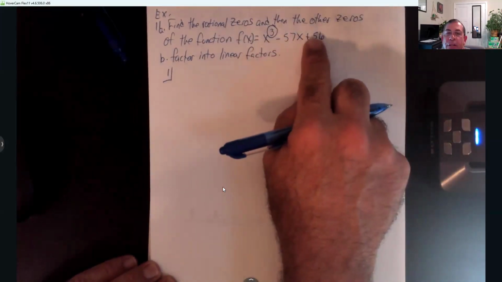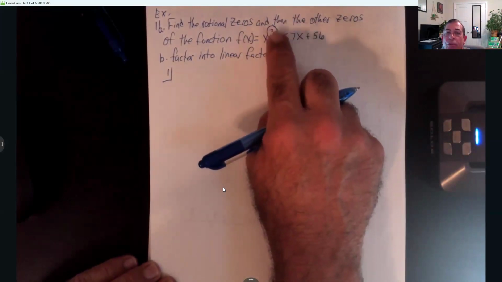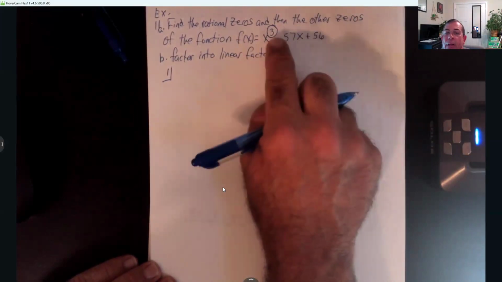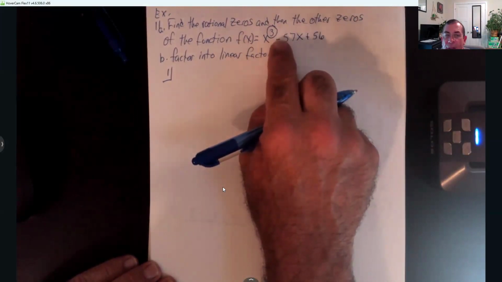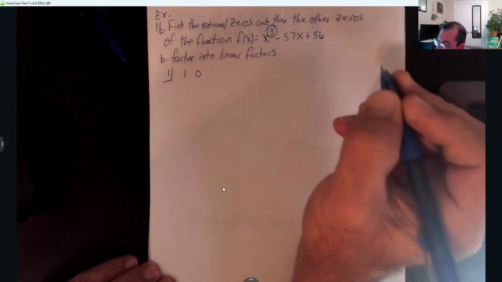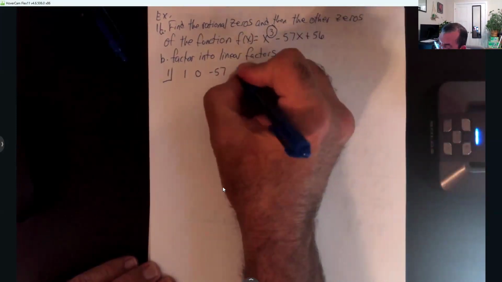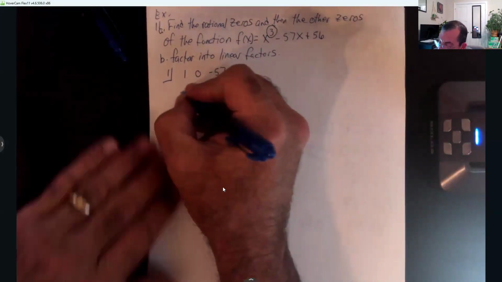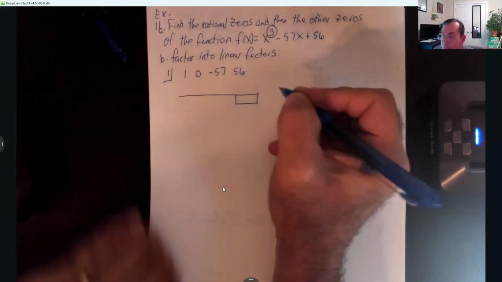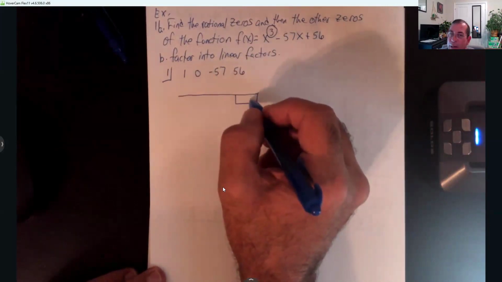Now write my coefficients. Remember, I'm missing the x squared term on this one because 3 plus 1 means I need 4 numbers. Well, I've only got 3. So for the x squared, we need to add a 0. So we got a 1 for the x cubed, 0 for the x squared, minus 57 for the x, and then 56 for my number. All right, y'all, if we're right, we better get a 0 there, okay?